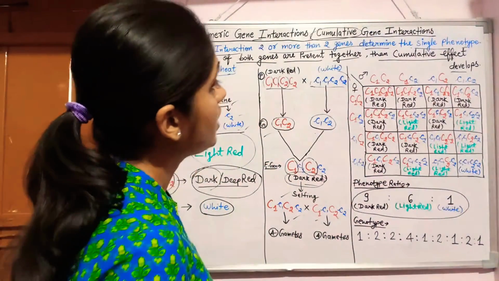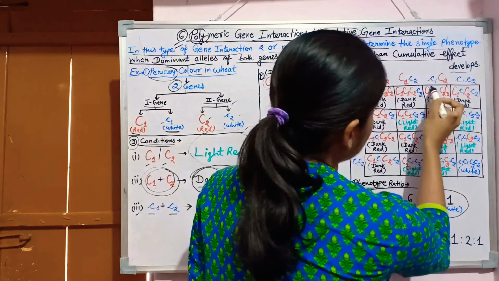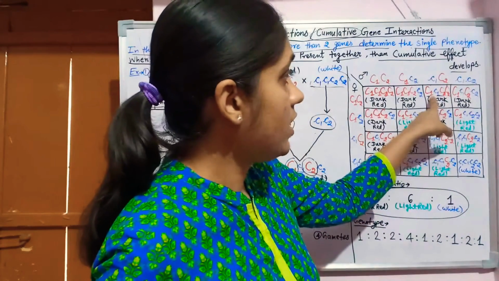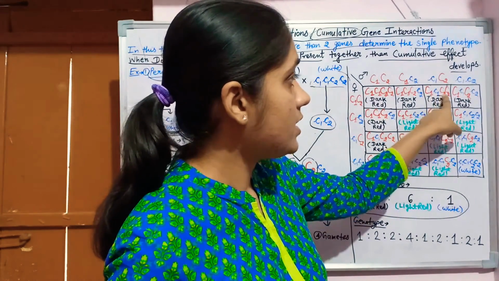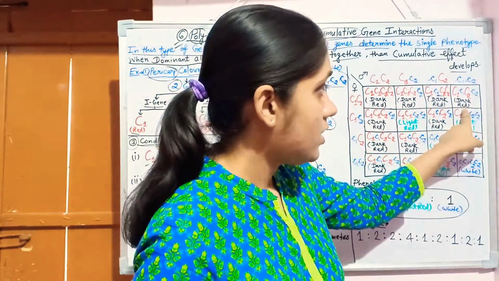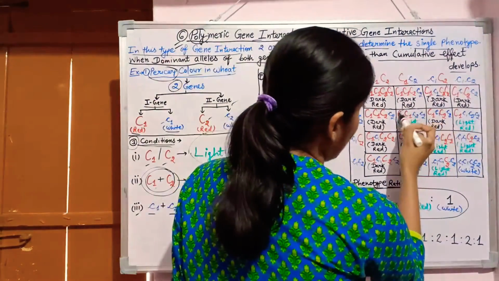So here you can understand it when this C1, in this you can see it is dark red. Why? Because C1 dominant allele and capital C2 both are present. Here also the dark red pericarp is present, but here you can see light red. Why?